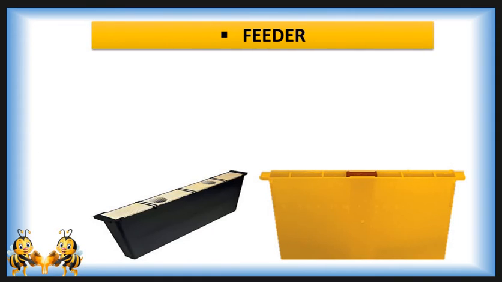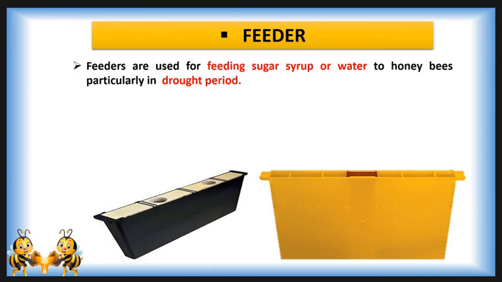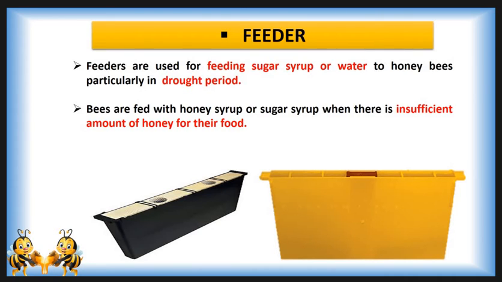Then the feeder. Feeders are used for feeding sugar syrup or water to honeybees, particularly in drought periods. They are fed with honey syrup or sugar syrup when there is an insufficient amount of honey for their food.